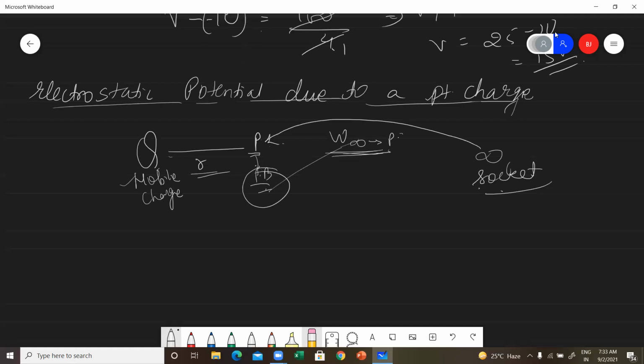Just like your washing machine works immediately, your TV also works immediately, right? But a mobile phone is not charging immediately. It takes time. Why? Because the charges are moving very, very slowly. The electrons are moving very, very slowly, so that they will not gain kinetic energy.